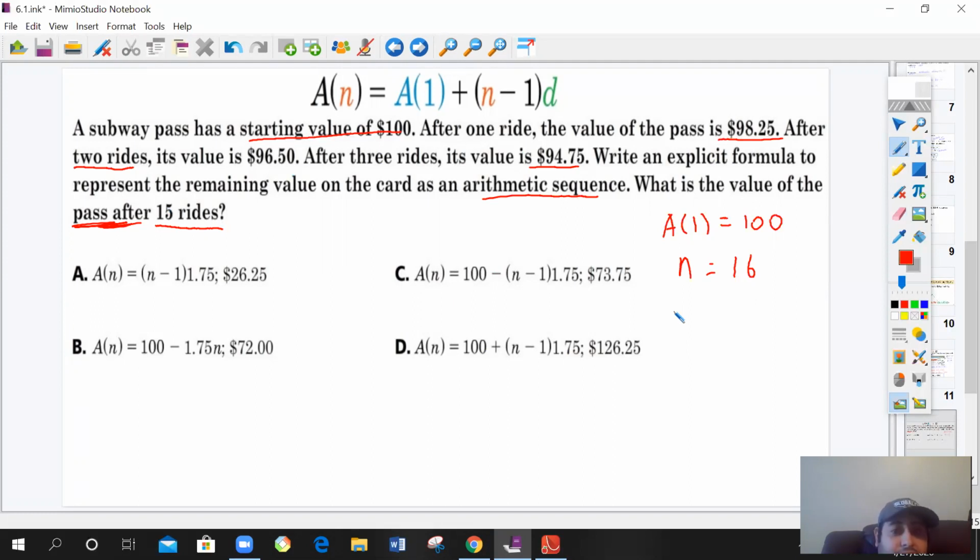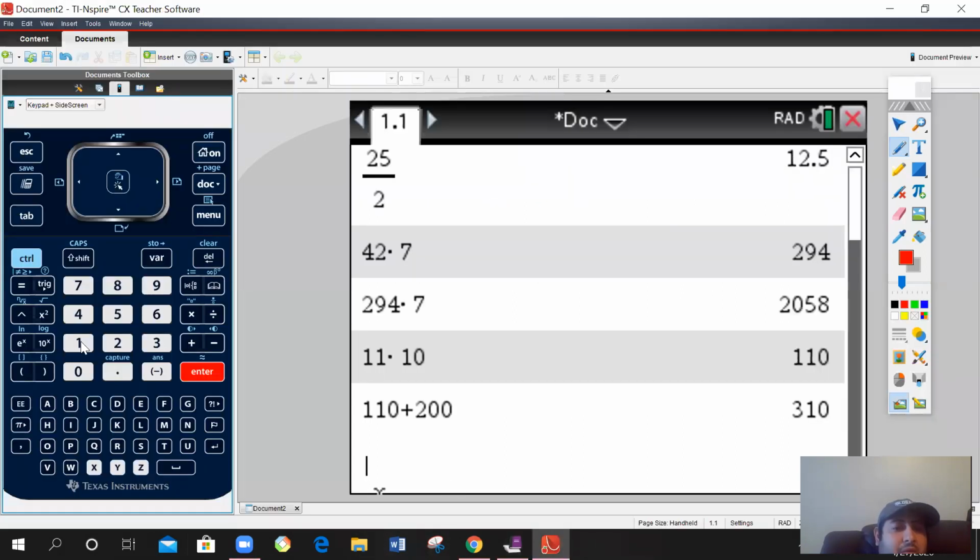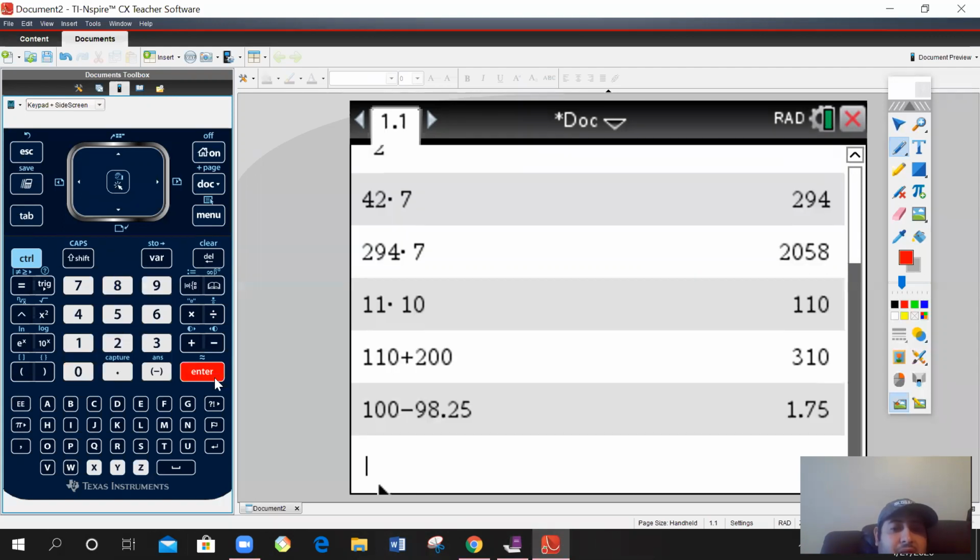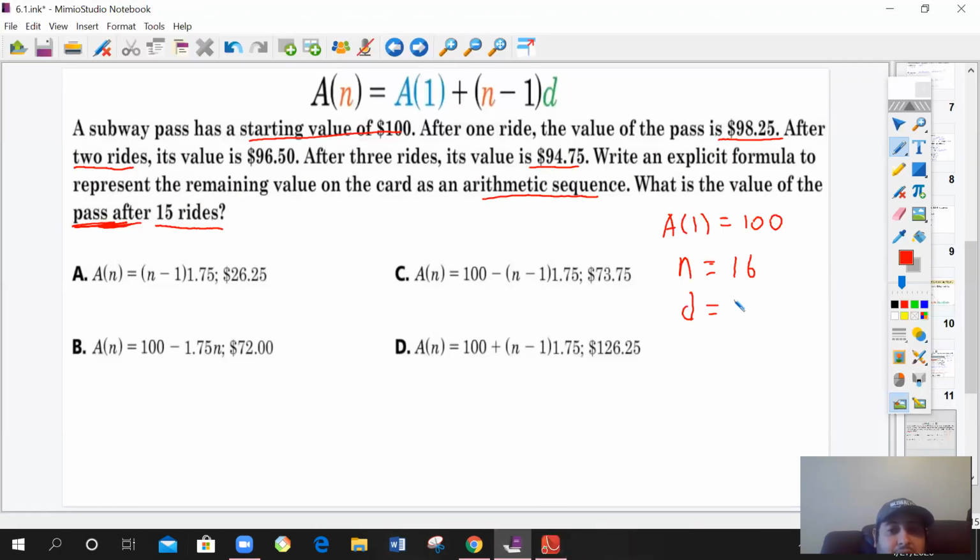All right, we're missing our d, our difference. So we have 100 minus 98.25, and we ended up with a difference of 1.75. Let's write it down, 1.75.